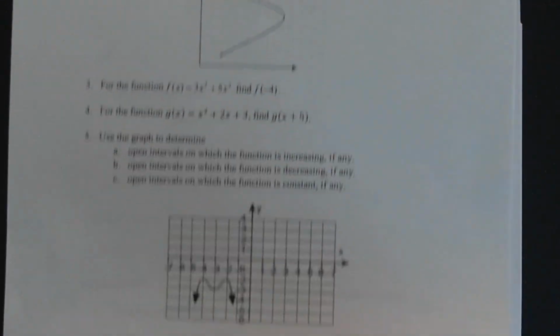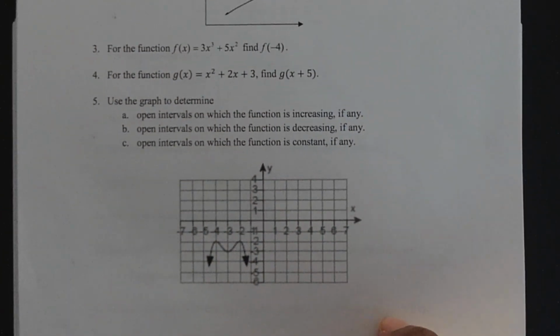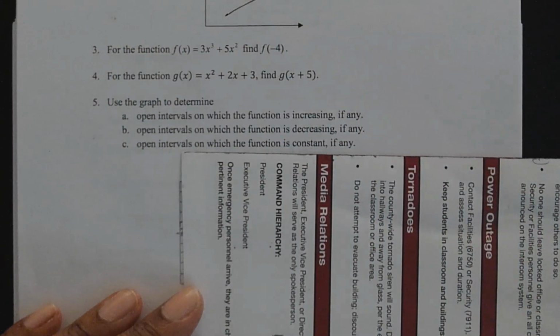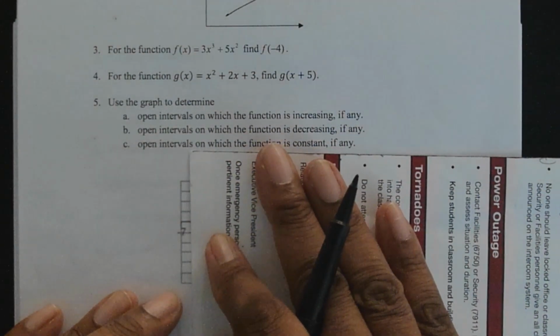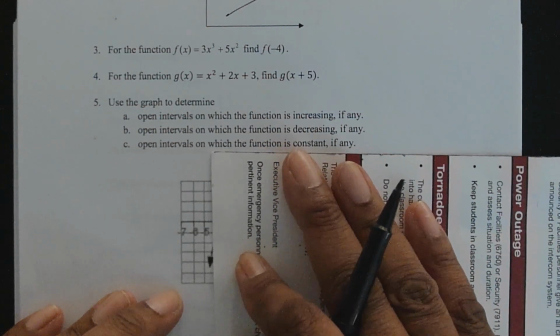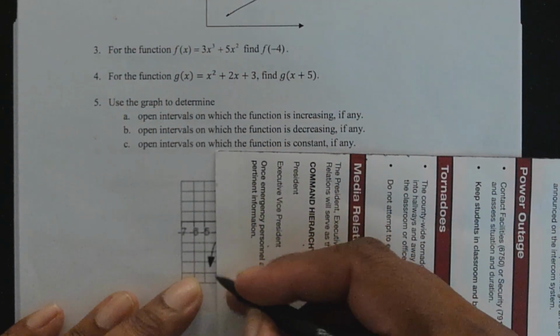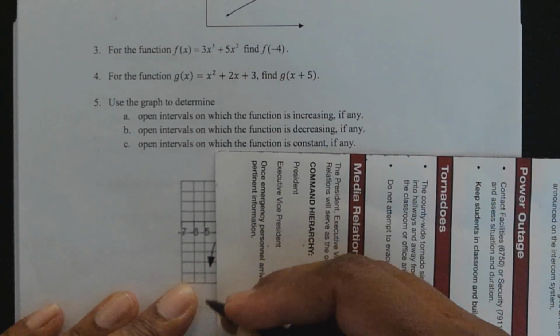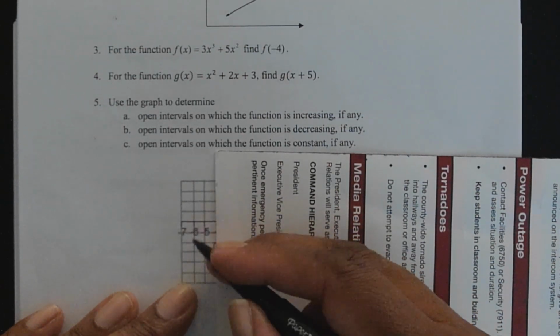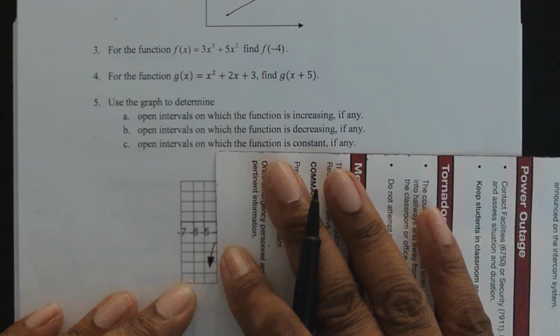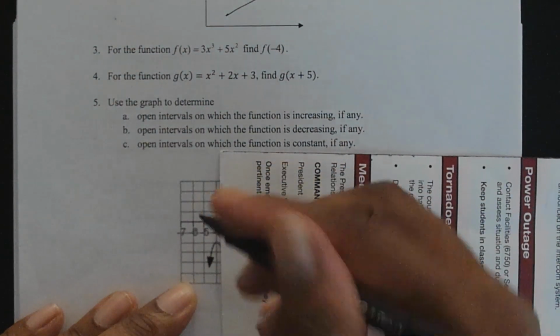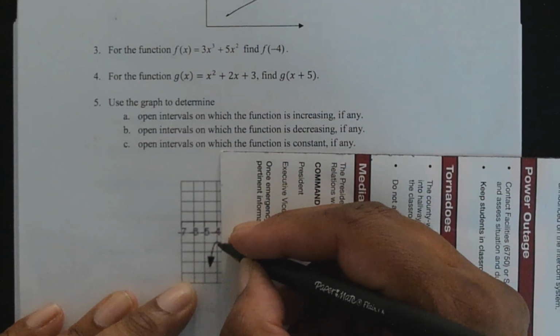Now, usually with a graph like this, I would use a piece of paper and cover the graph up and move that paper from left to right to see where it's increasing or decreasing or constant. So if I move this from left to right, I see that arrow going downwards, so that means this goes on indefinitely to the left, so I know I'm going to have negative infinity, but it's going to be increasing up to this point right up here.